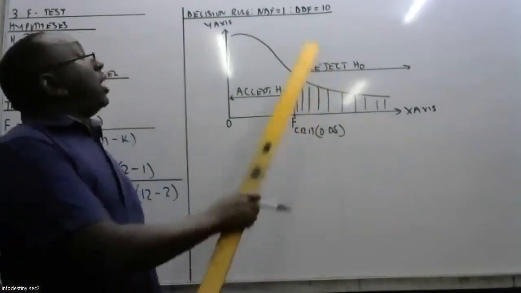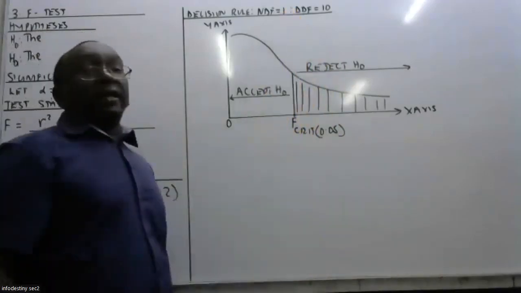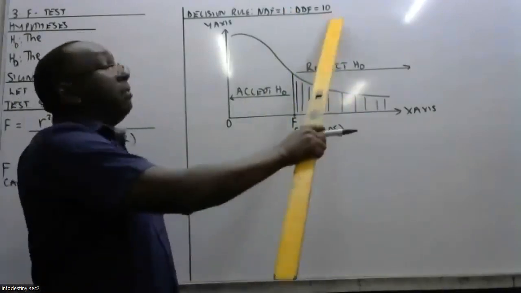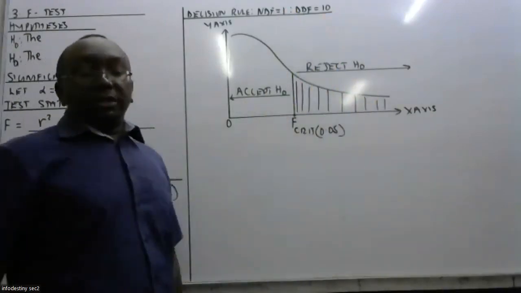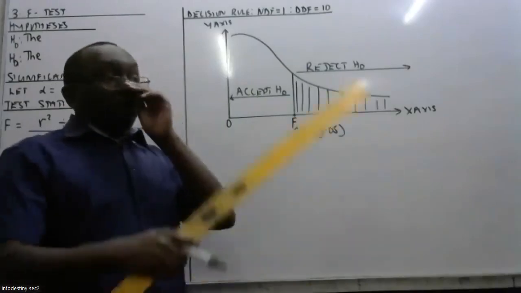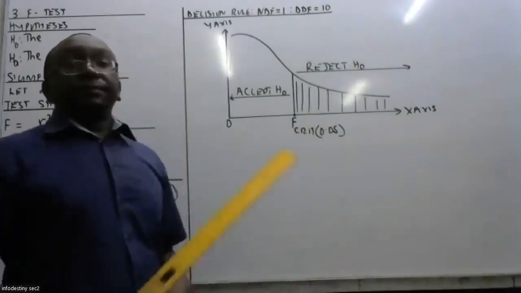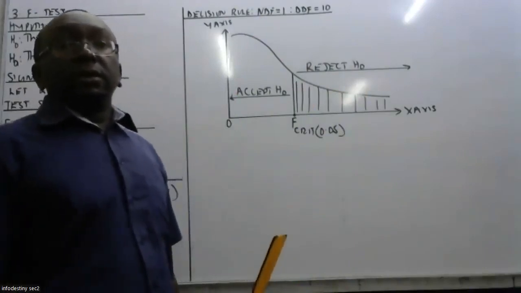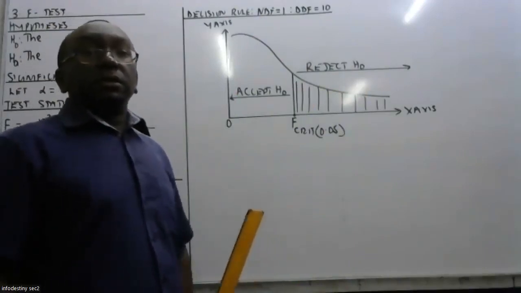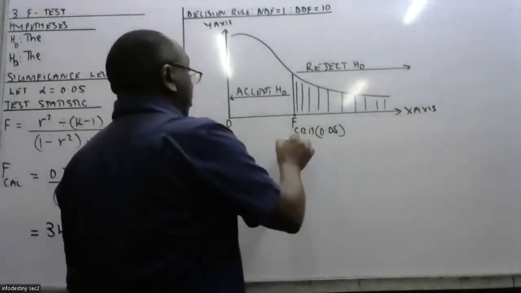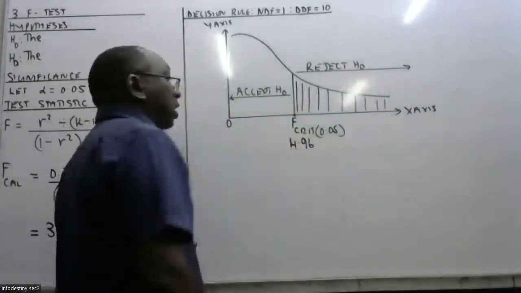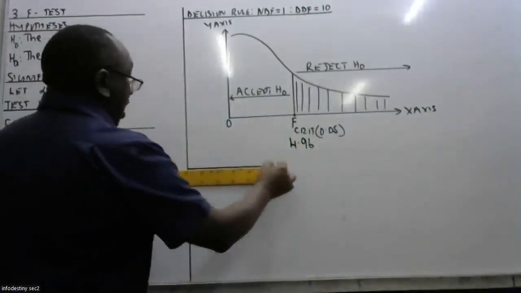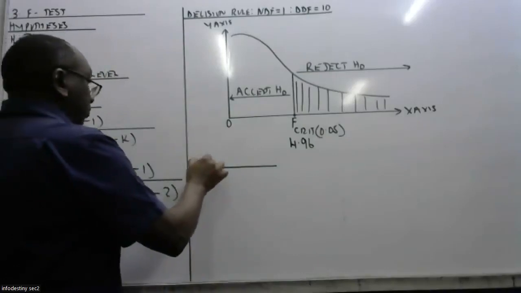So we will go to column number 1. And the denominator degrees, those are the rows. So you'll go through number 10. So tell me what is there at the intersection of column 1 to 10. What is there? 4.96.